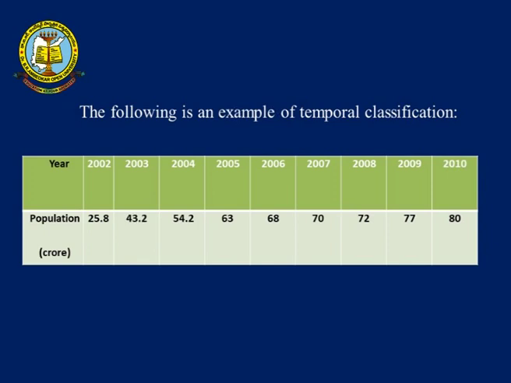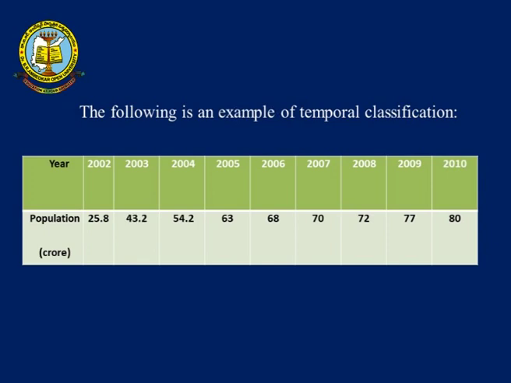For example, here I have given one example for you: population in crores, 2002, approximately 25.8 crores, 2003, 43.2 crores. So, have you observed this: 2002, 2003, 2004, 2005, 2006, 2007, 2008, 2009, 2010. For a particular time period, the population you can check.